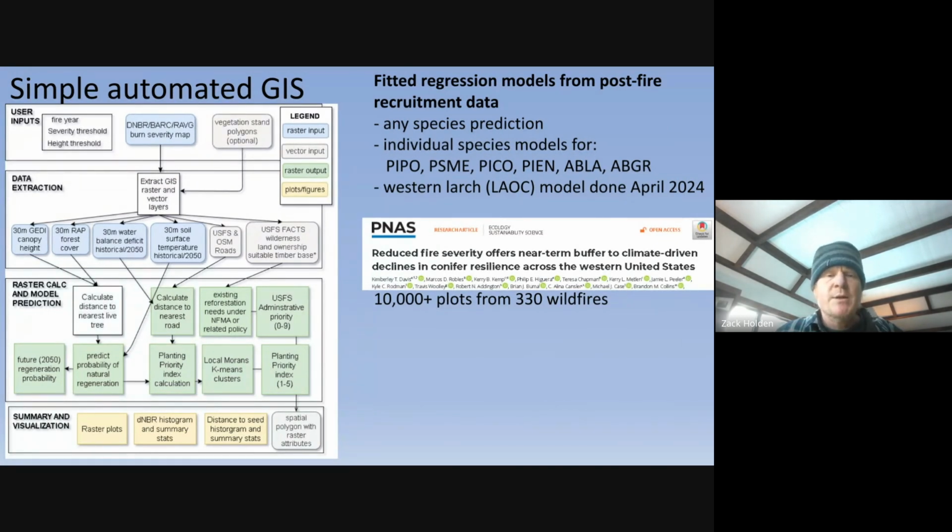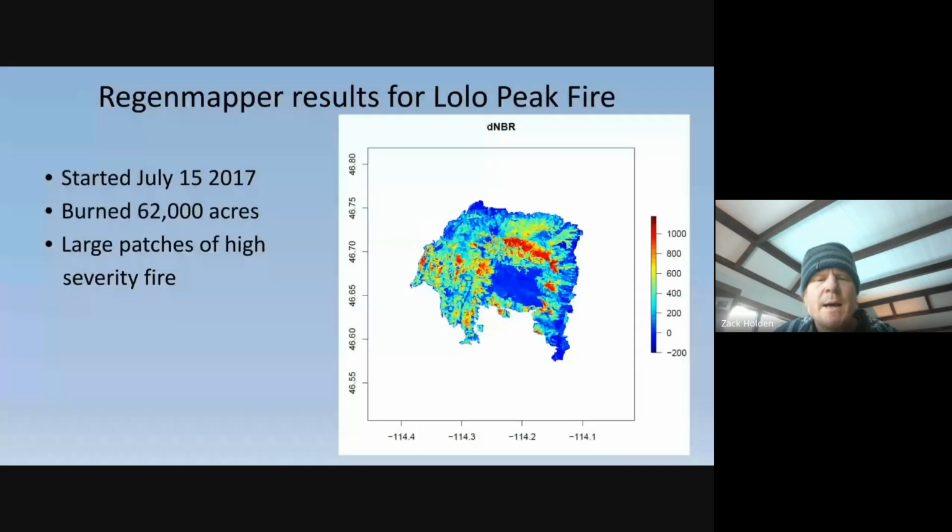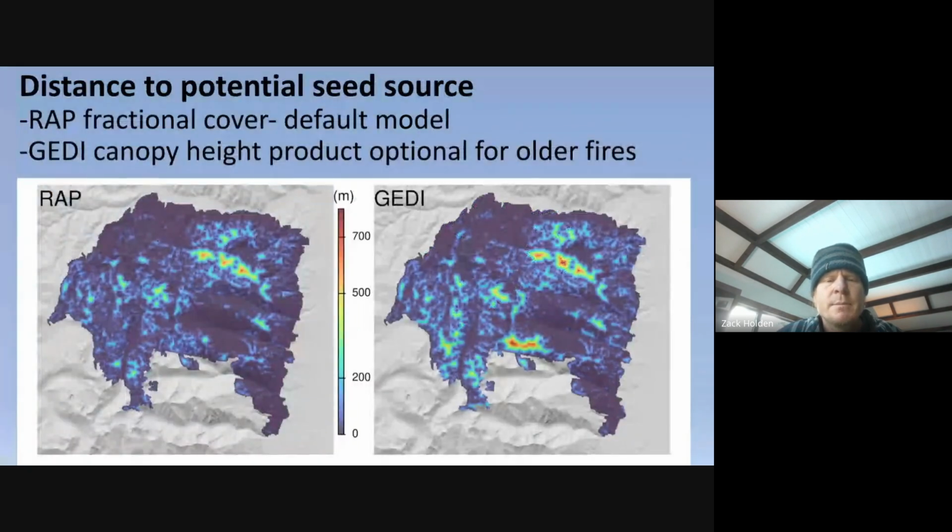These are just regression models that we've fit with her data. We keep them in memory, make a raster prediction for recruitment probability for the requested domain. Next slide. I'll just show quickly outputs for the Lolo Peak fire. This is one of our big fires in 2017, really kind of a wake-up call for Region 1 for post-fire restoration. Next slide, please.